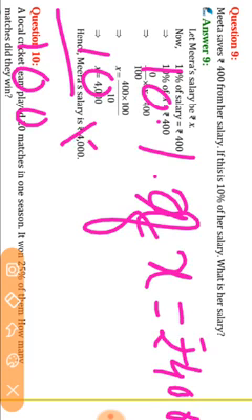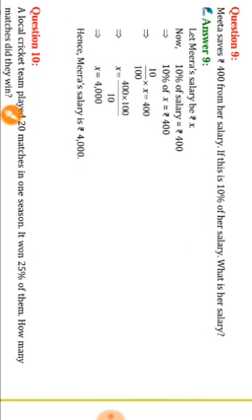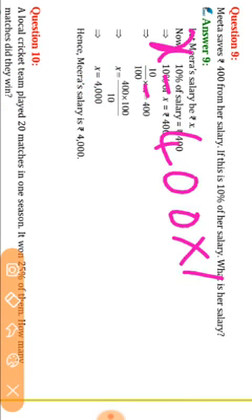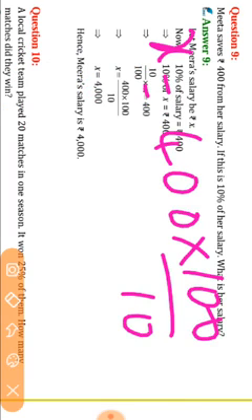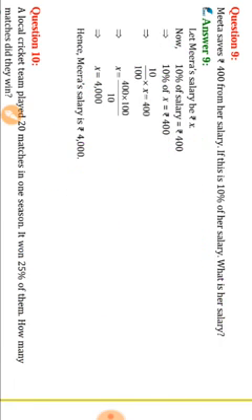Of means into x is equal to 400. Just now we did before how it is rearranged: x is equal to 400 times the reciprocal, 100 by 10, so the zeros get cancelled, 4000 is her salary. Hence Meera's salary is 4000.